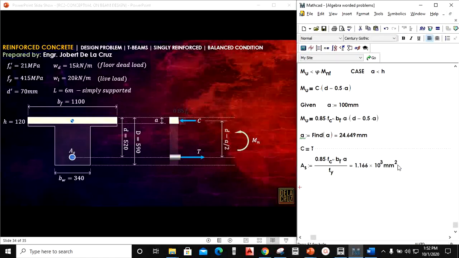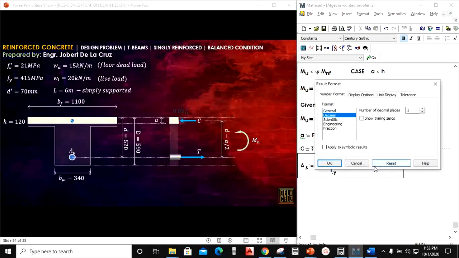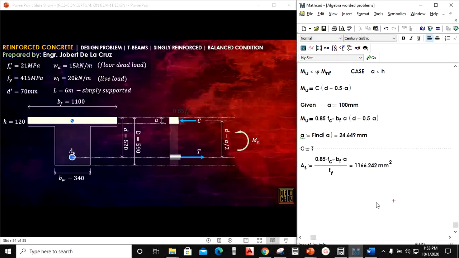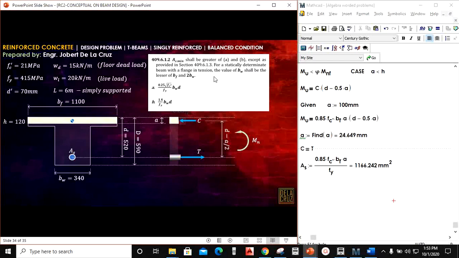Okay? So, is this the answer na for our design? We need to check the As minimum first. According to the code, As minimum shall be the greater of A and B. Pinakita ko na to. But for T-beams, for statically determinate beams with a flange in tension, the value of bw shall be bf or 2bw.